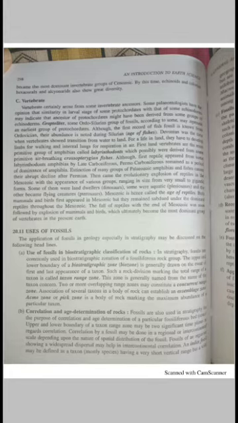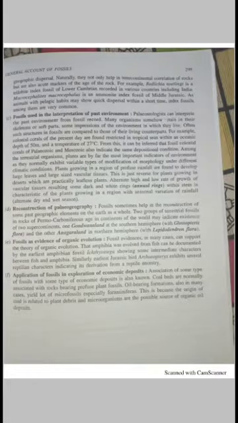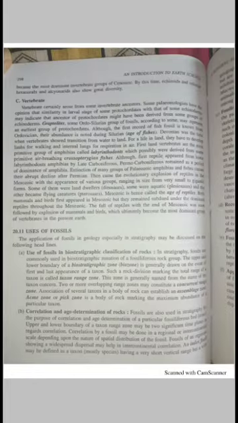distribution may help in international correlation. An index fossil may be defined as a taxon, mostly a species, having a short vertical range and wide geographical dispersal. So it is important that an index fossil shows a short time span, a short vertical range.